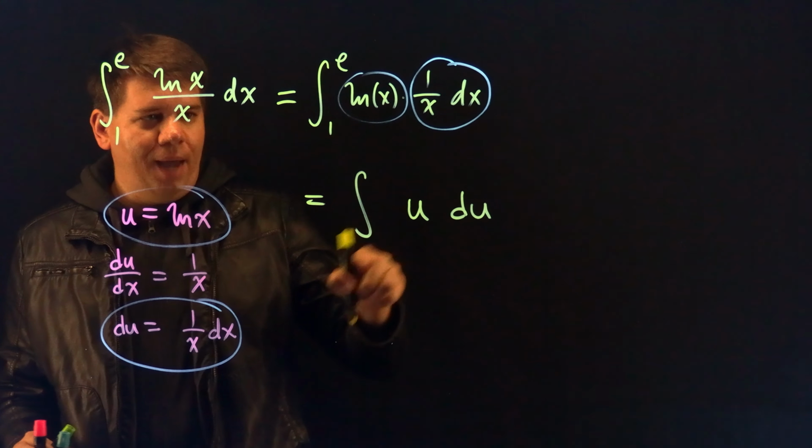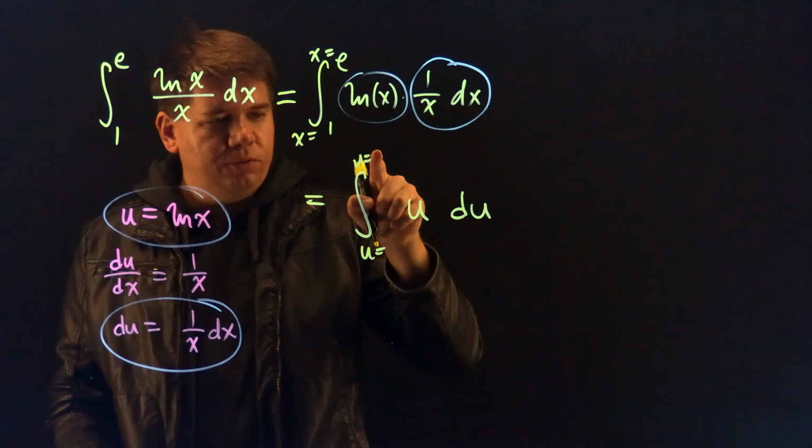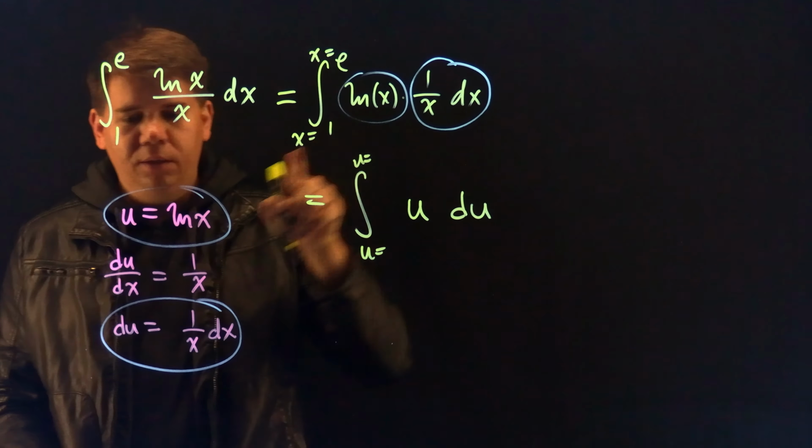Okay, how about your bounds? Two options. We can leave everything with these x bounds, and then at the end, change the answer back into x's. But what I'm going to prefer to do is change these x bounds to u bounds. Originally, these were bounds for x, but we can figure out what the new bounds for u are. If x is 1, what is u?